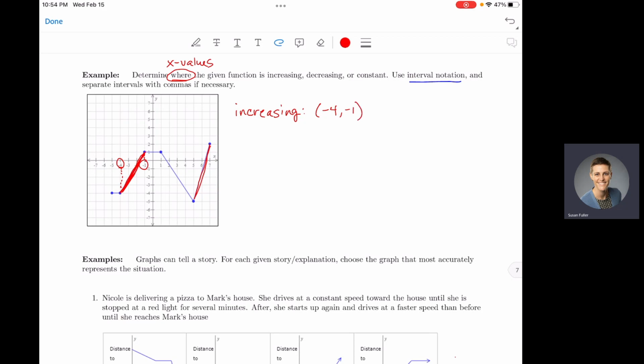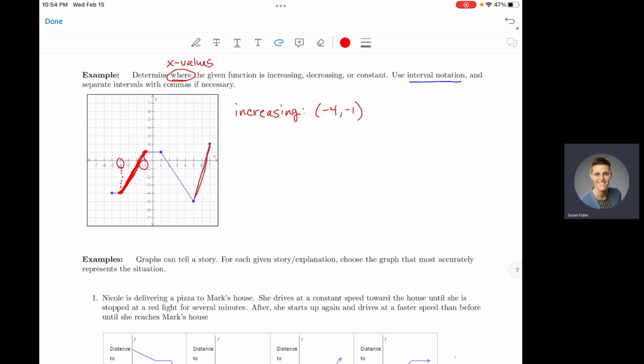We're not going to include our endpoints here because at each of these endpoints, we're really neither increasing or decreasing or staying constant. We are in transition there. We're not going up or down. It's just we're switching. So we're not going to include the endpoints because we're not actively going up at our endpoints.